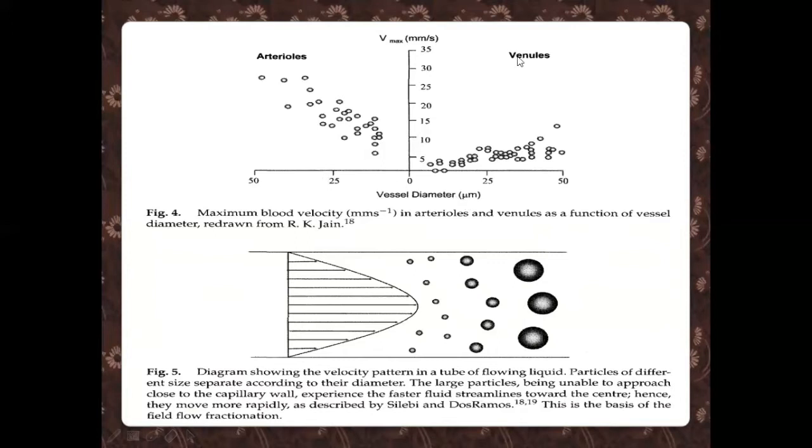Here you have venules and arterioles. For every diameter of the blood vessel, the blood flow velocity Vmax is calculated and plotted. For venules it comes on the positive side, for arterioles on the negative side of the graph. So this is the maximum blood velocity in arterioles and venules as a function of vessel diameter, redrawn from this graph.